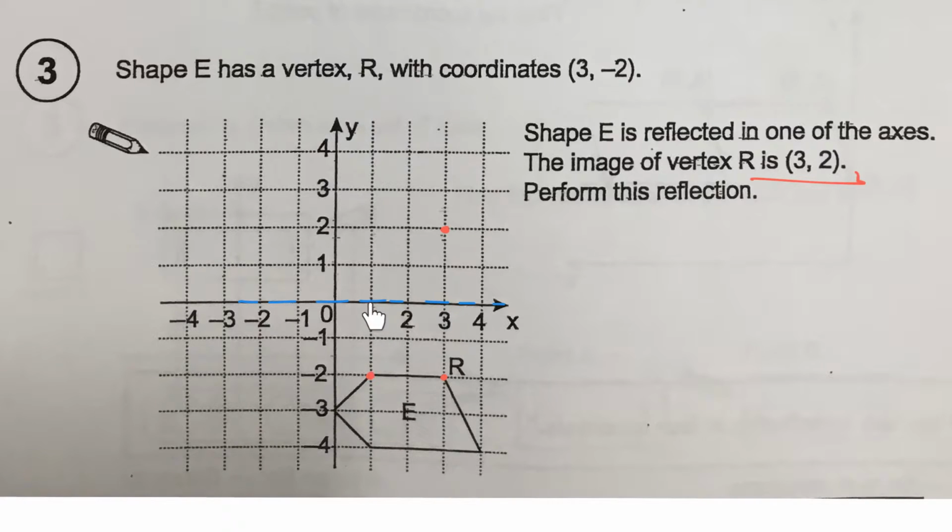Therefore, it will be 1, 2 on the other side. So it will be over here. Pick another vertex. So pick this one here. From the mirror line, it is 1, 2, 3 down. So we need to go 1, 2, 3 up. So it will be over here.